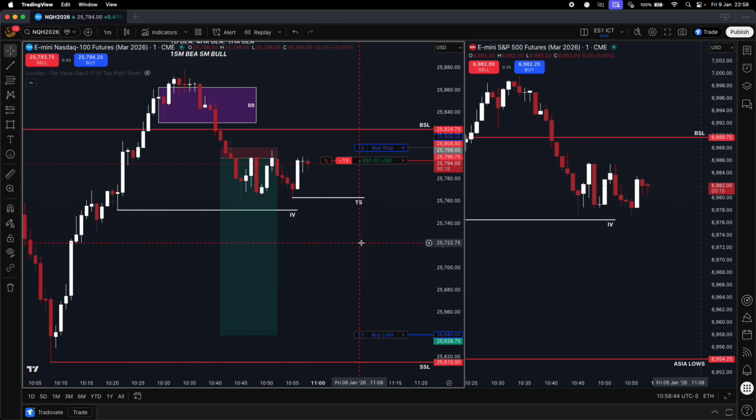Yeah, so you should be risking anywhere from about 0.1 to 0.2R on your accounts.